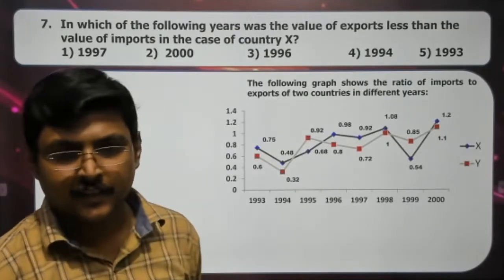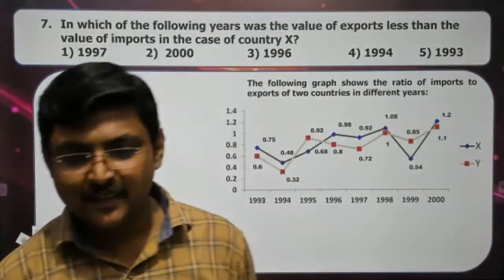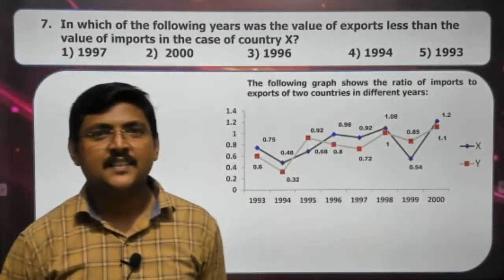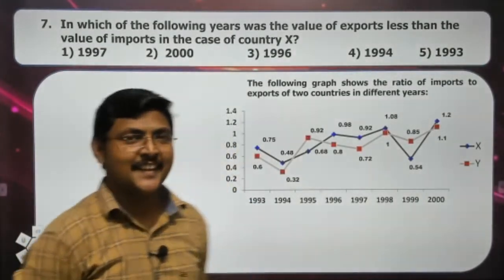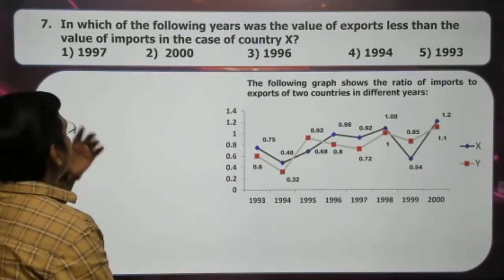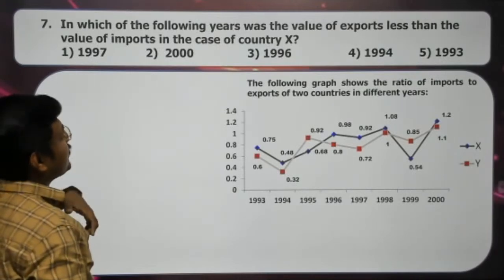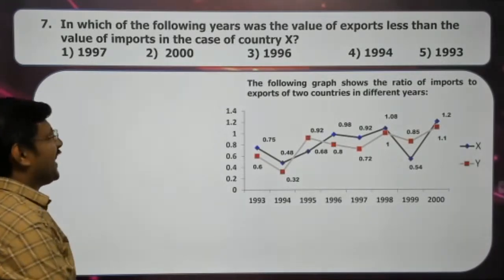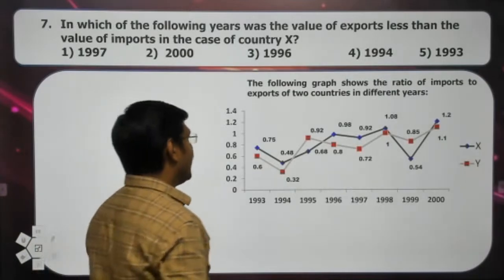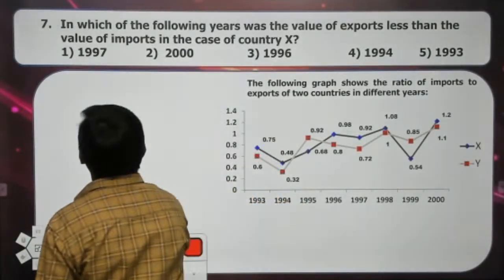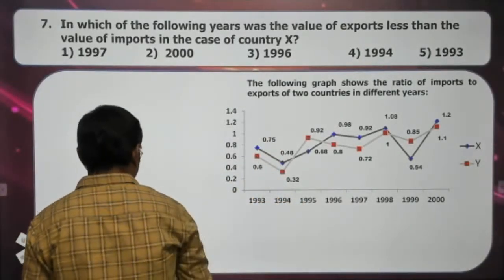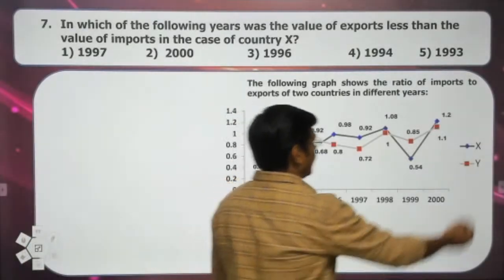Yes, very good, with getting the correct answer. It is option number 2. I am checking it, listen carefully. In which of the following years was the value of exports less than the value of imports in the case of country X? So here they are dealing with country X, the blue color.